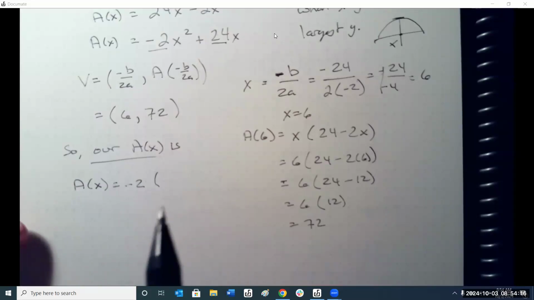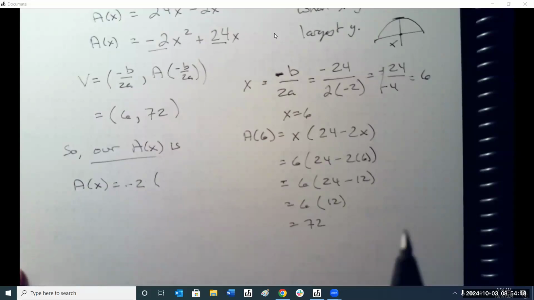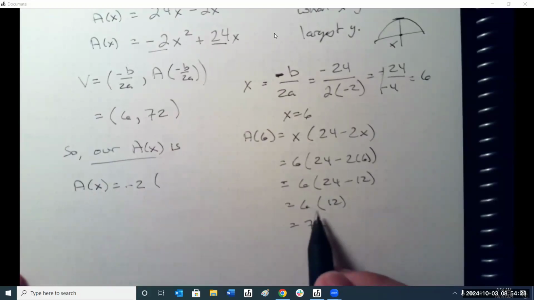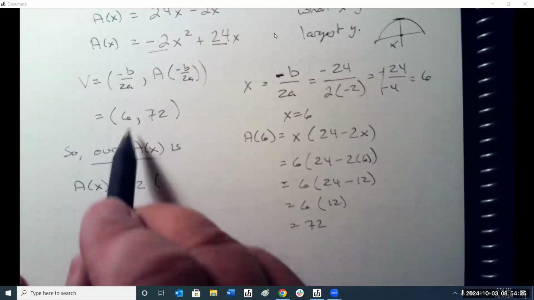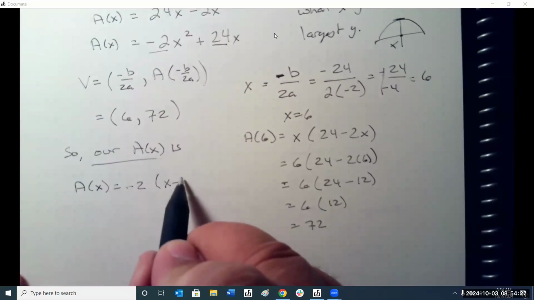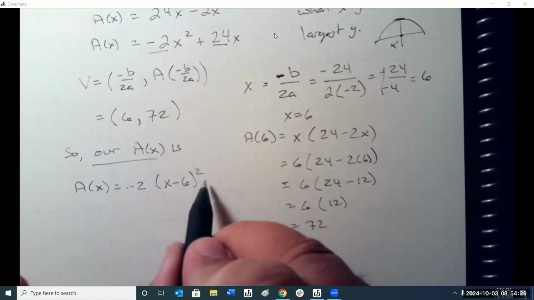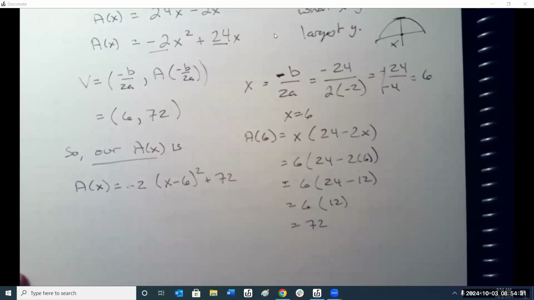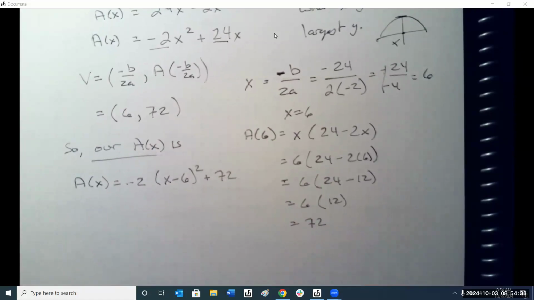We have the vertex. The vertex is here. So it's negative 2 times x minus 6 squared plus 72. That's our area function.